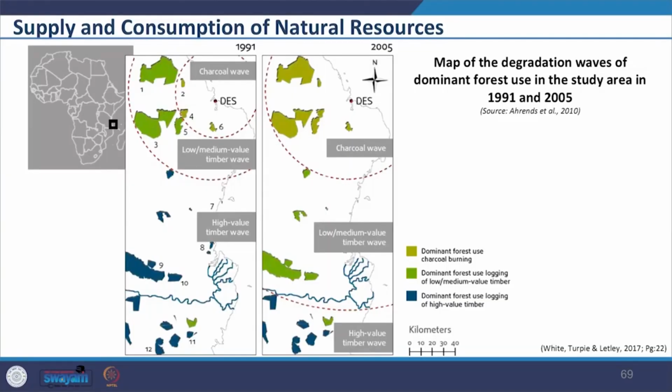As documented in the report, the study shows 3 distinct waves of forest degradation originating from Dar es Salaam, as shown in the figure, for high value timber, medium value timber, and then for the charcoal. And you can see the transition from 1991 to 2005, the zone of impact of these activities extended significantly.